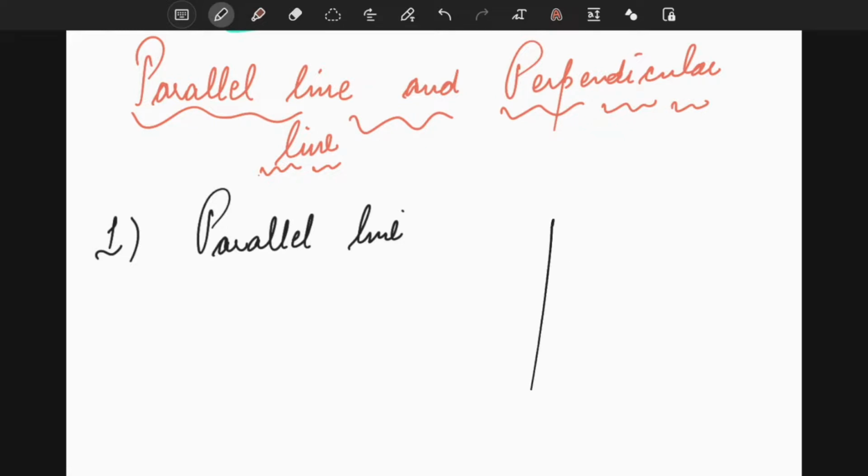Like we have two lines. We know this is always x-axis, this is always y-axis. We have two lines.